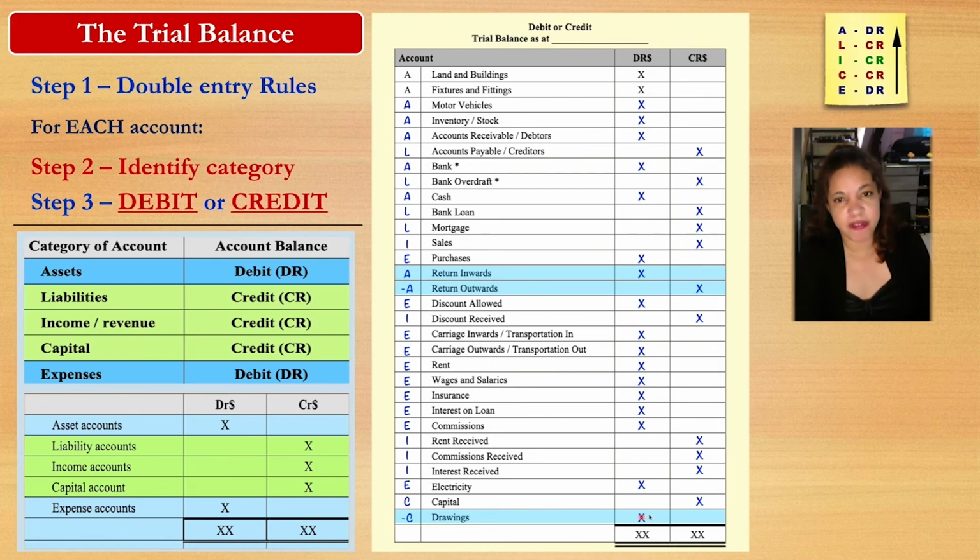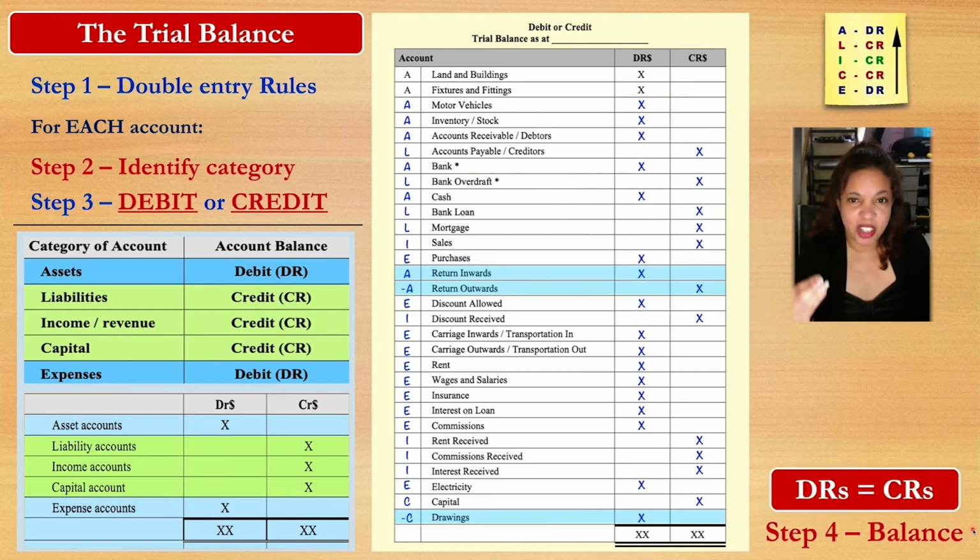Drawings is easy enough, the debit side, very good. And once you learn return inwards, then you will know return outwards, or vice versa. And then your last step would be to balance. Just remember, if there's a missing capital figure, your debit column is supposed to be equal to your credit column once you have all of your balances, like your capital.